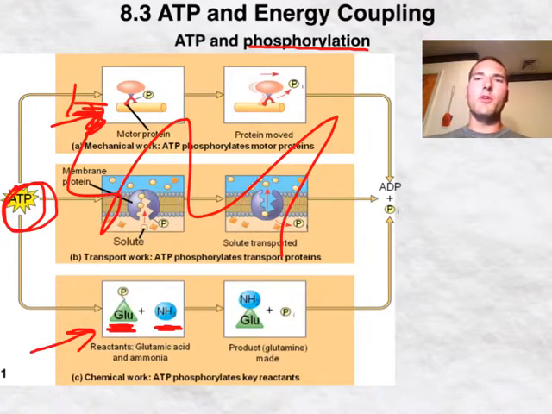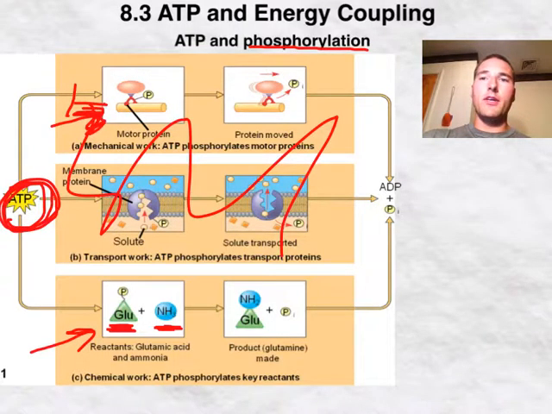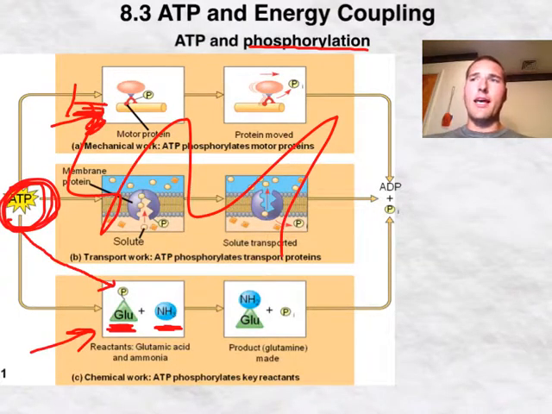So what will happen when we take ATP and hydrolyze it and release that phosphate, and an enzyme takes the phosphate and sticks it onto the glutamic acid, is that we're actually adding free energy, G, to that relatively stable glutamic acid, making it less stable.